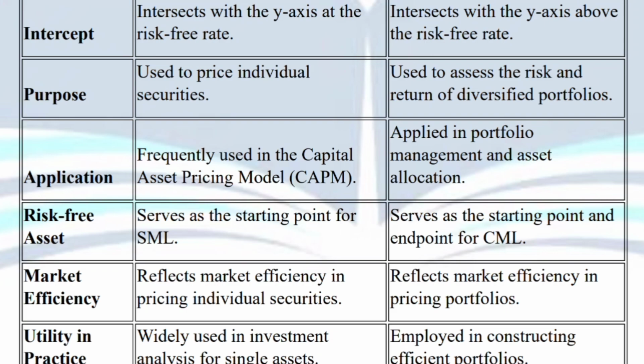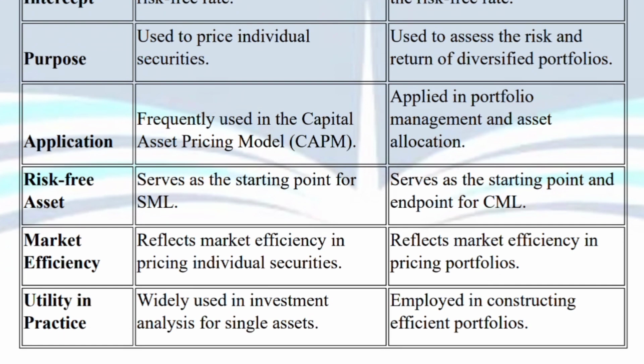Okay, thereafter the next difference is on the basis of market efficiency. The security market line reflects the market efficiency in the pricing of individual securities, but the capital market line reflects the market efficiency in pricing portfolios.